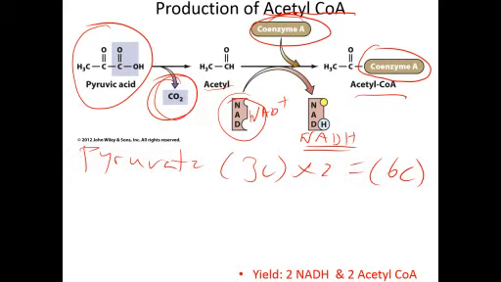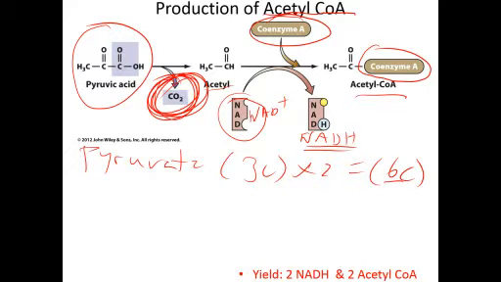So now what we have done is we have cleaved off 2 CO2 molecules. In the conversion of pyruvic acid to acetyl-CoA, you actually have removed 2 total carbon atoms.